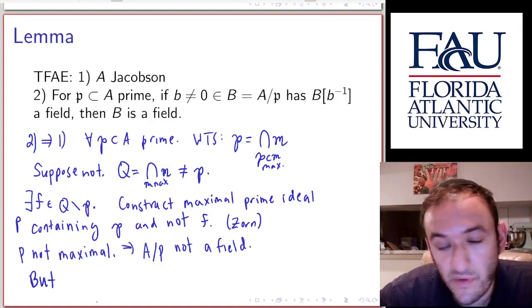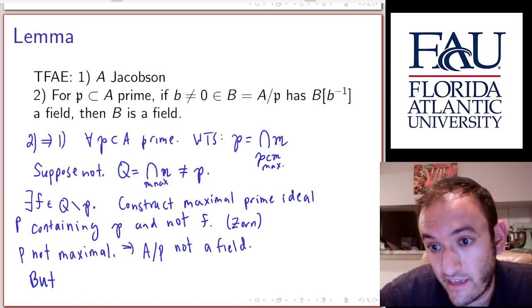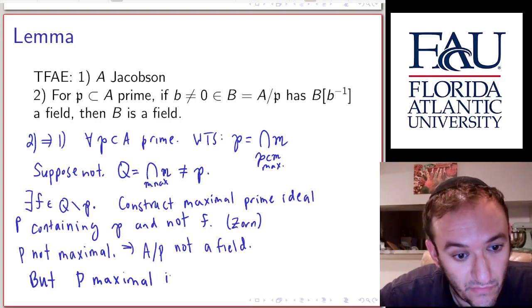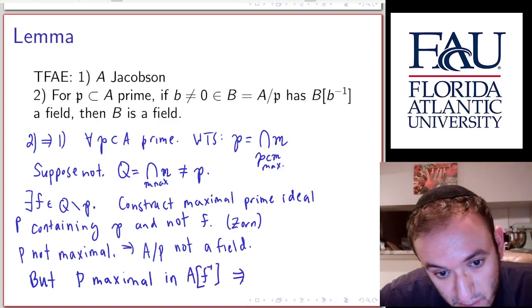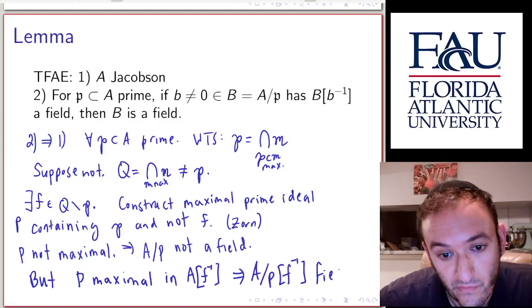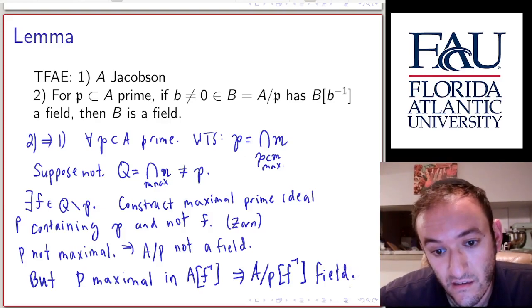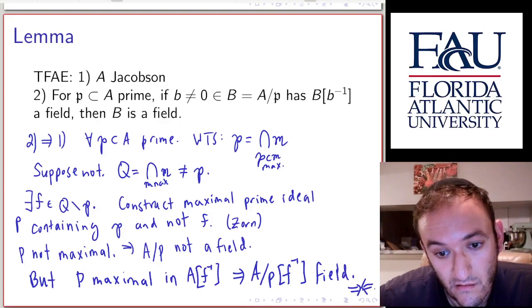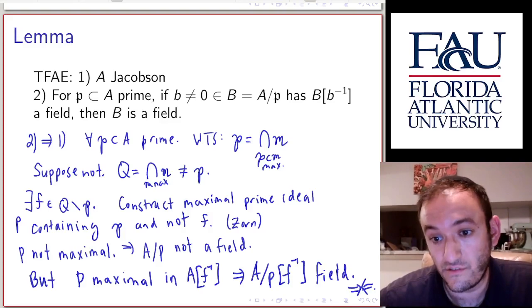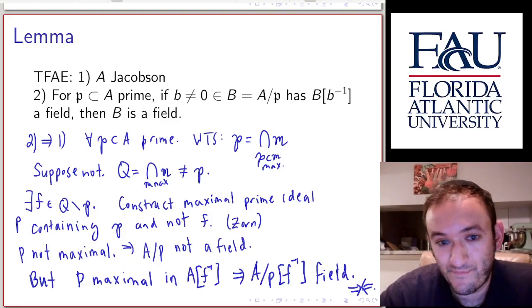Because we chose P' to be maximal with respect to not containing f, that means that P' is maximal in the localization at f, which means in particular that when you quotient by P' and then adjoin this element, this will be a field. Okay, and that contradicts our property 2, so it must be that from the beginning P was in fact equal to the intersection of all the maximal ideals. Okay, so that's our lemma.